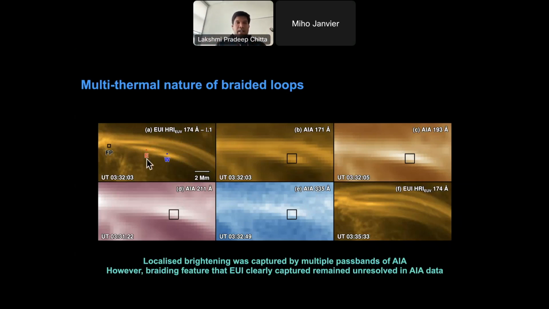So here again, with Solar Orbiter data, we can see the initial crisscross of the loop, and within 3 minutes of evolution, we don't see the crisscross anymore, but then we see this kind of more combed structures. So we think that during this time, due to magnetic reconnection, the loops have reconnected, and the magnetic field has released the energy, and the plasma heating took place.